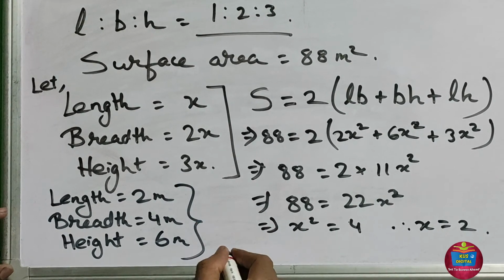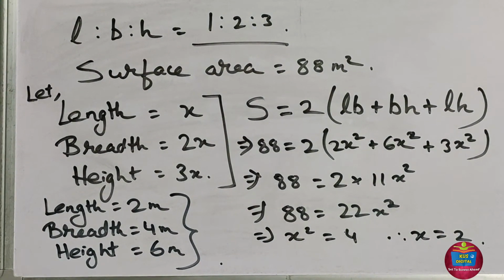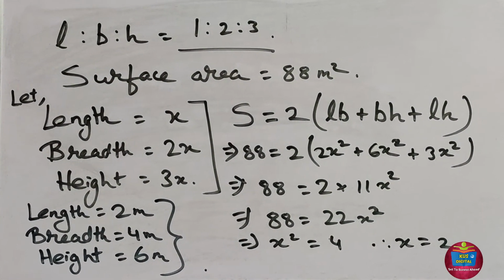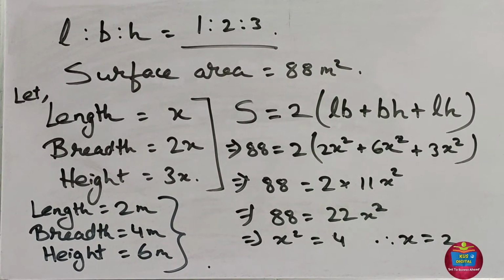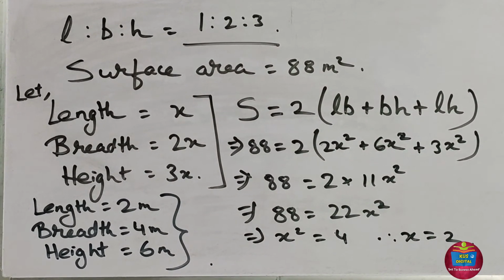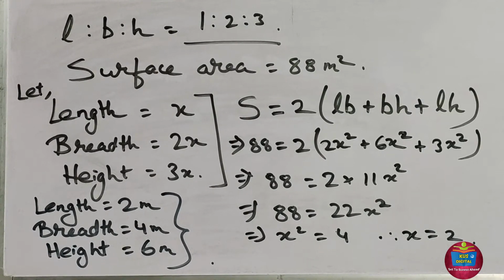So this is our answer. This is the dimension of the cuboid. Okay, so we have solved one problem from cube and another problem from cuboid. Now let's move to another problem.